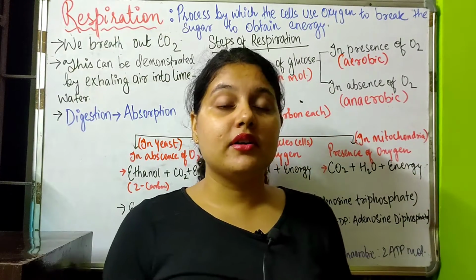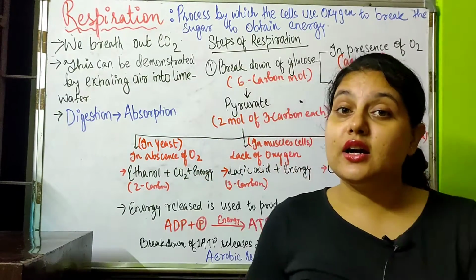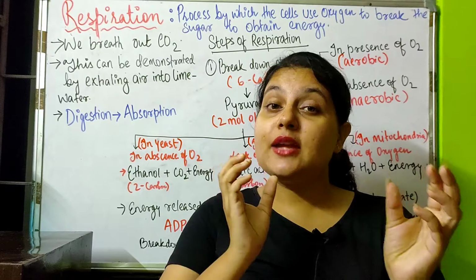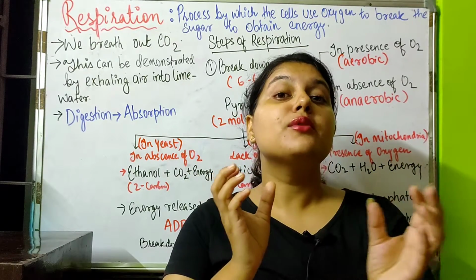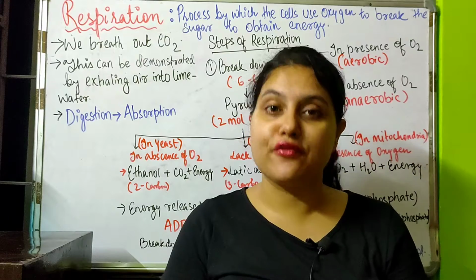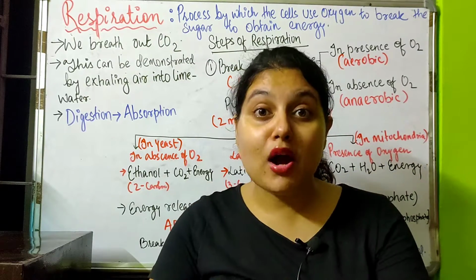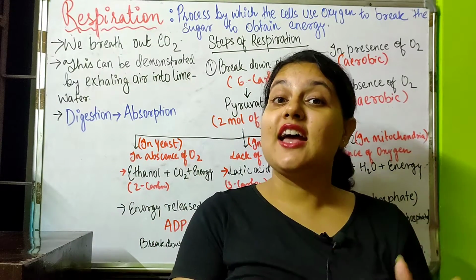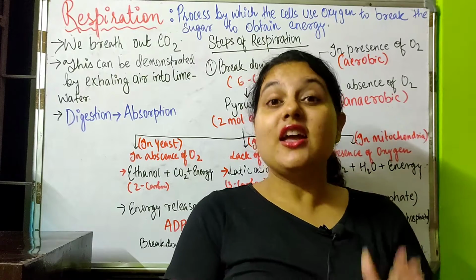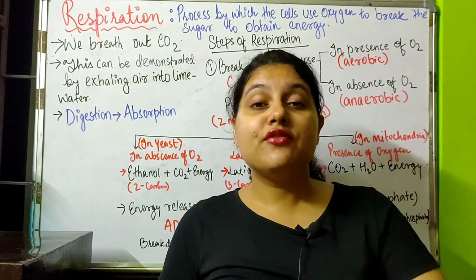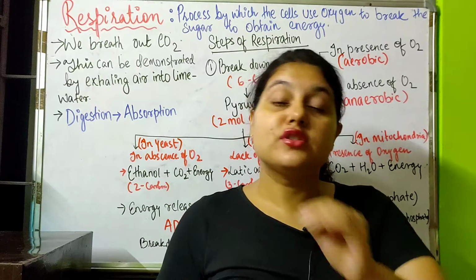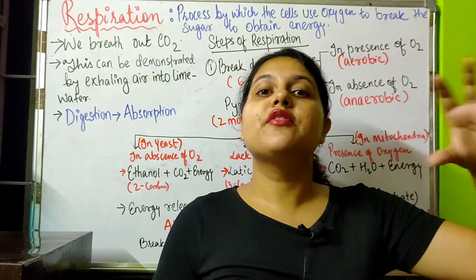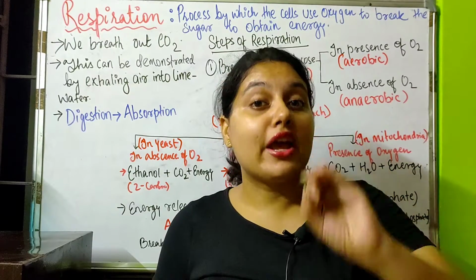And in the next picture, what is done? The air is blown with the help of a pichkari, and they are telling that the time taken for the lime water in both the test tubes to turn milky is different. The one which is blown by our mouth will turn milky much faster as compared to the one blown by the pichkari. That is because the pichkari gives air, or the mixture of air, which does not only contain CO2 but contains different percentages of different gases like oxygen, nitrogen, argon.